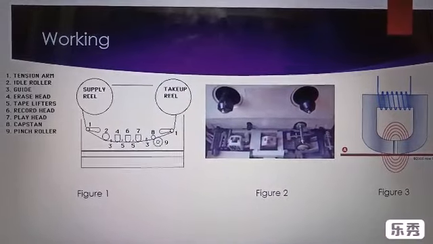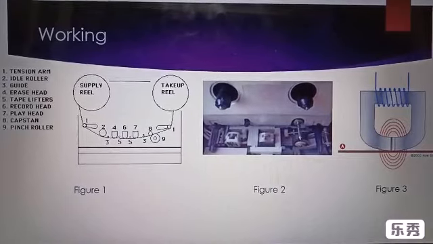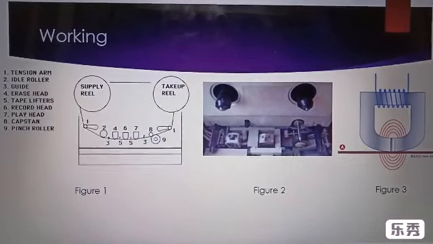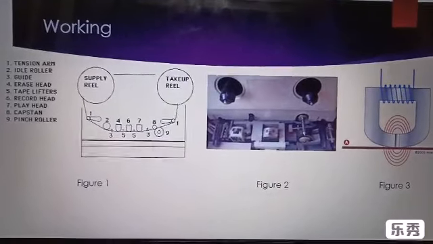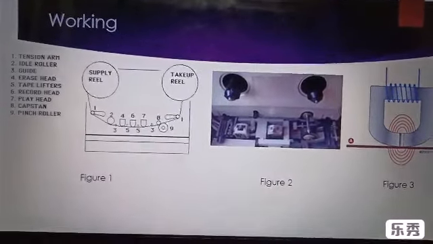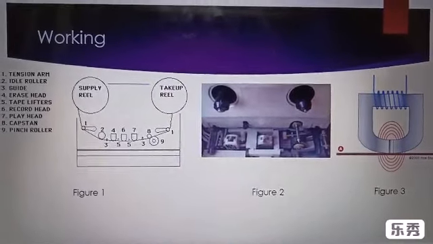It works in such a way that it converts the electrical signals into a magnetic field, and that magnetic flux is recorded on the tape, which is flowing underneath.